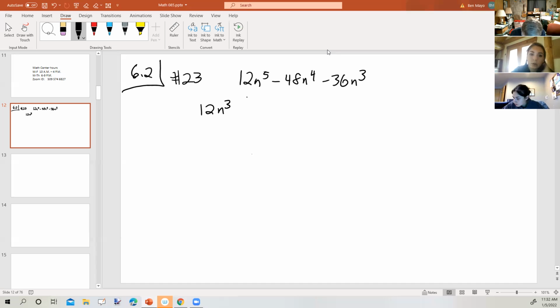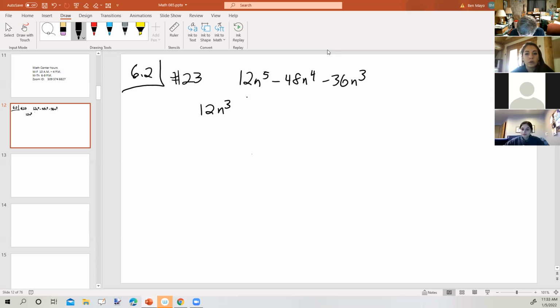So now the question: I don't really know where you're getting 12n cubed. Okay, so the greatest common factor of 12, 48, and 36, the largest number that goes into all of them, would be 12.